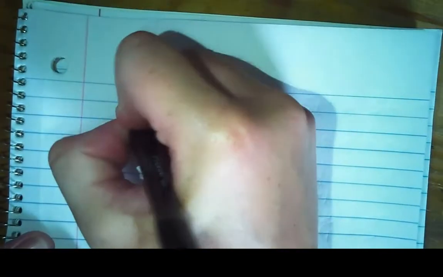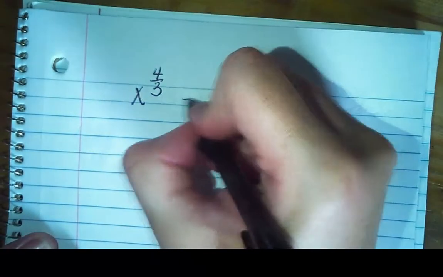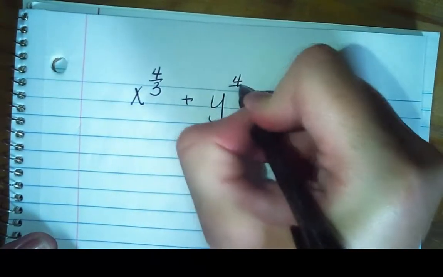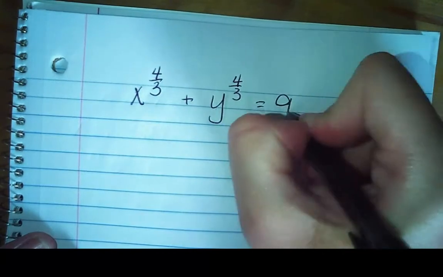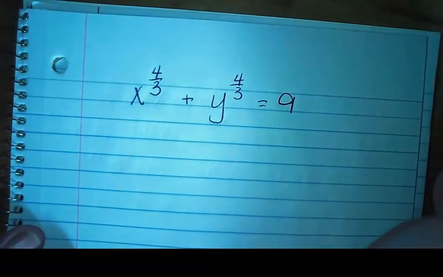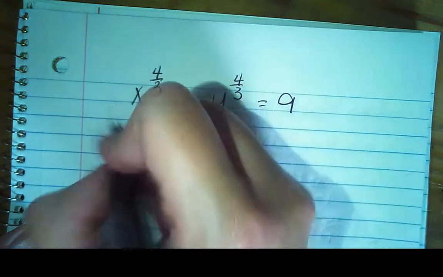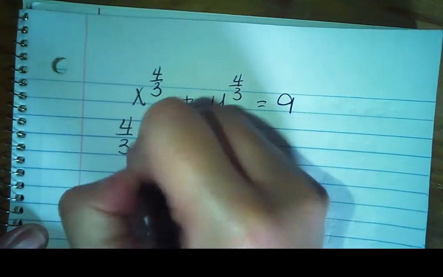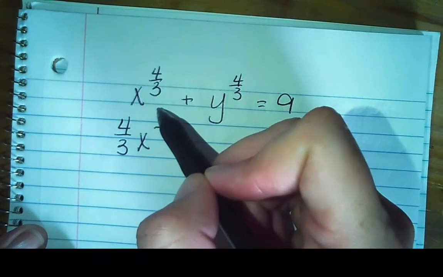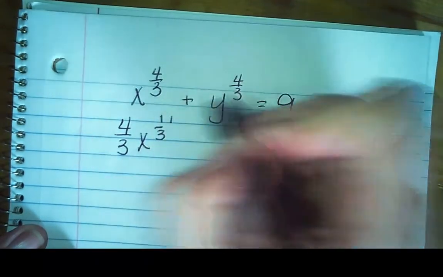I have x to the 4/3 plus y to the 4/3 equals 9. And I want to differentiate by implicit differentiation. Okay, so I'm going to take this thing's derivative, which is 4/3 x to the negative 4/3 minus 3/3, which is 1/3.